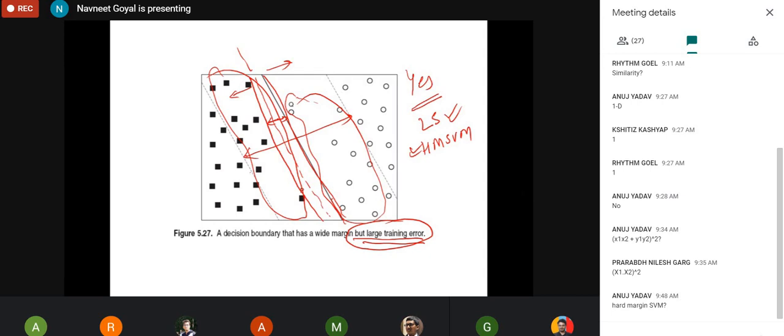This is a particular case where you may have too many examples in the pipe, as we call it. Too many examples in the pipe is not a good thing, so we try to reduce that. Don't increase the margin by too much. So that is one option, the soft margin SVM.